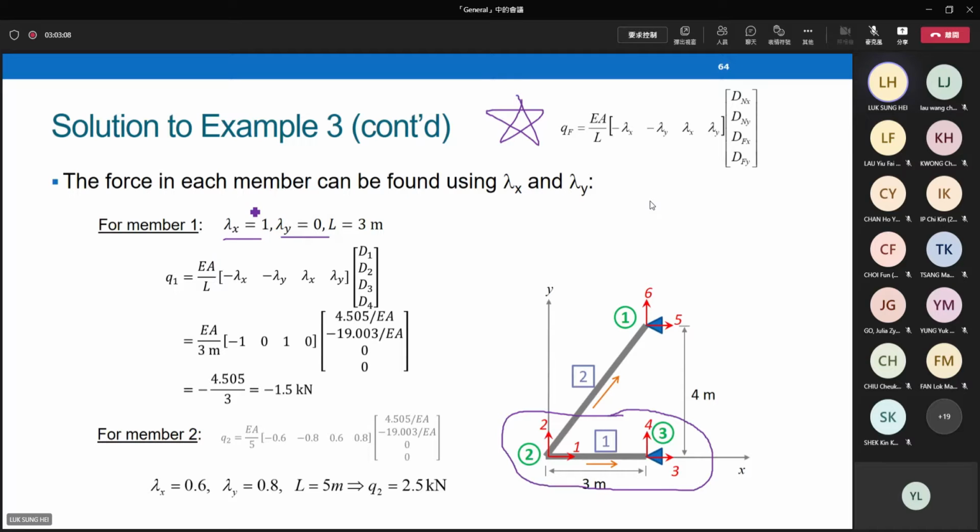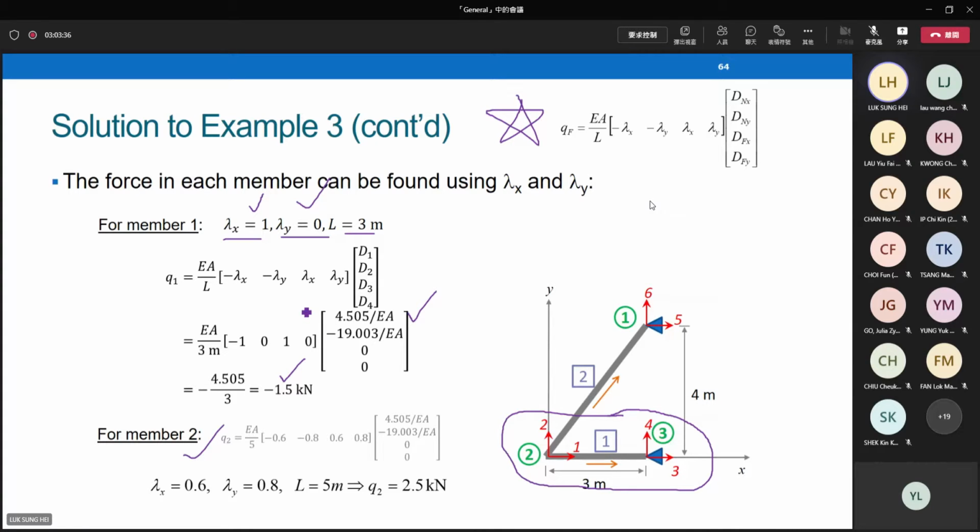We know lambda for member 1, we know the length, we know the displacement as well. For element 1, we know displacement 1, 2, 3, 4. We just evaluated before. After substituting into these equations, then you have the numbers. And same for element 2. Just a simple substitution. This is one way to find out the member actual force.